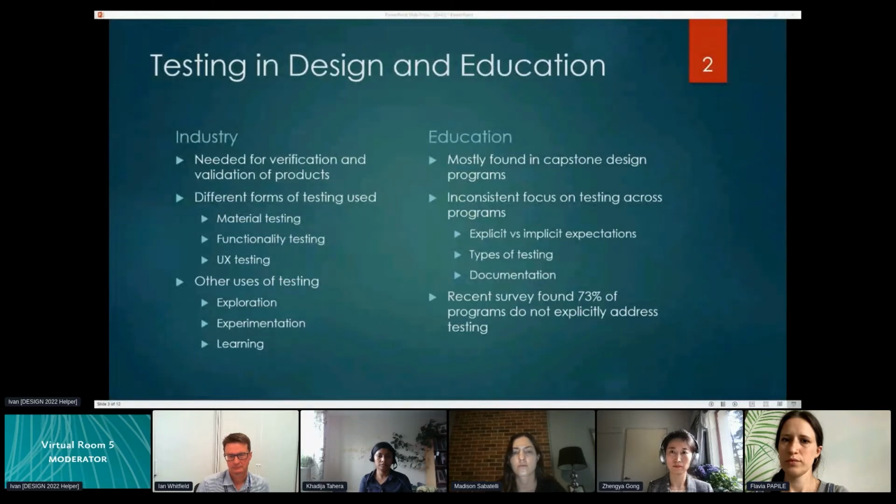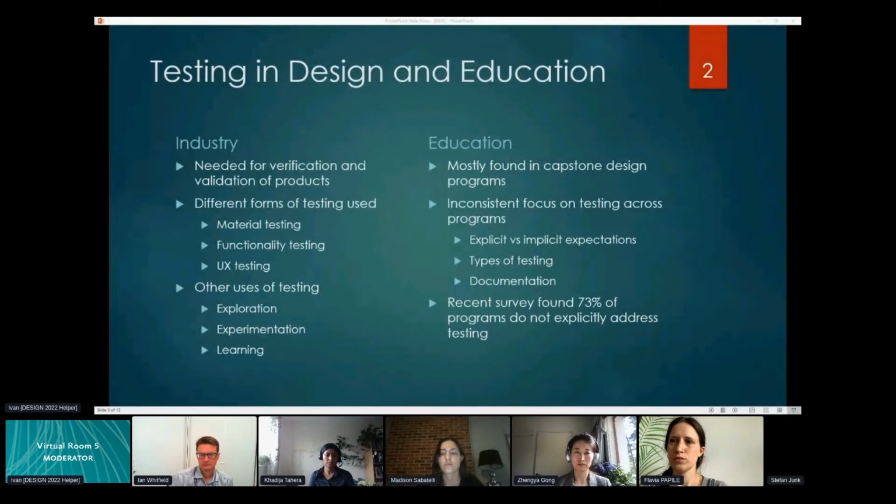What types of testing should be used and what kinds of documentations are needed to go along with the testing are not consistent across programs. A recent survey done in 2019 with 445 respondents found that 73% of programs surveyed did not explicitly address testing in the course at all.